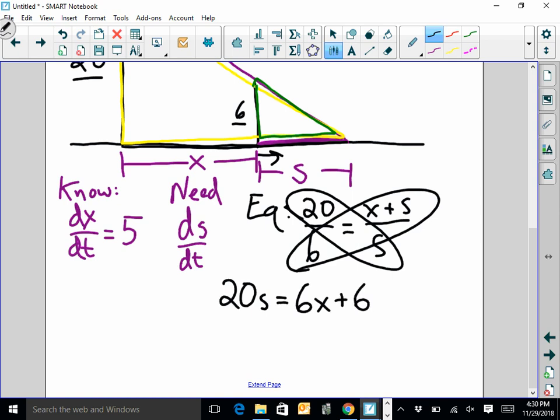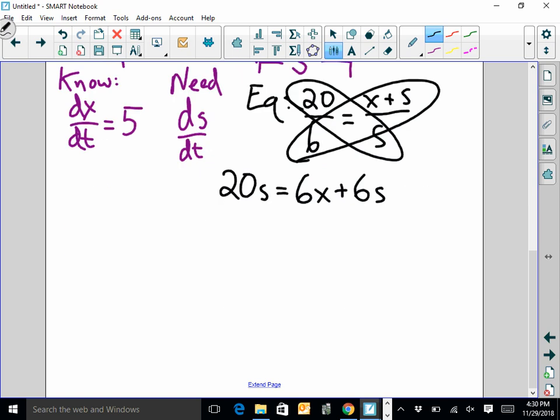Now that already looks way better. I don't have any quotients in there, right? And in fact, I can simplify this equation one more time and just combine some like terms. I'm just going to subtract 6s from both sides, and I'll get 14s equals 6x. So I get a very simple equation that comes out of this.